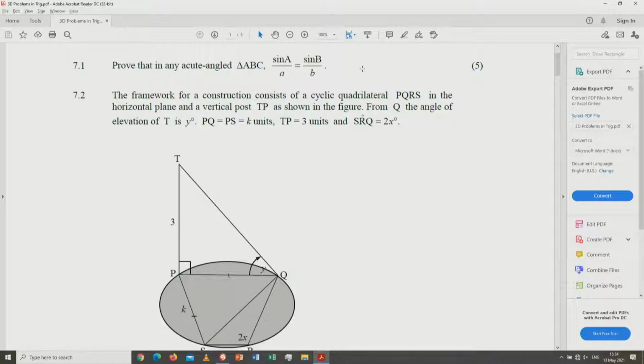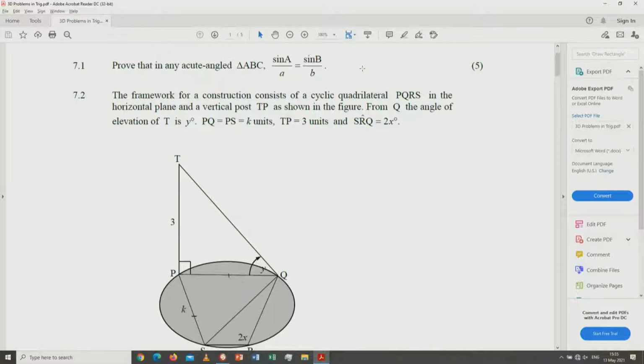Or sometimes, if it's the cosine rule, prove that in any acute-angled triangle ABC, c squared is equal to a squared plus b squared minus 2ab cos C.